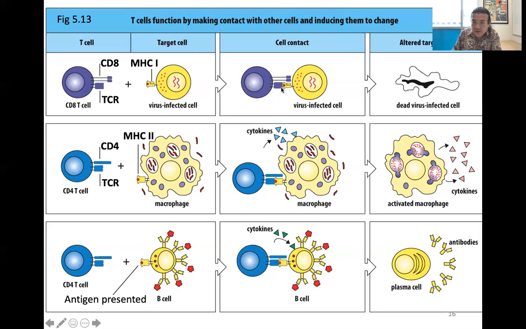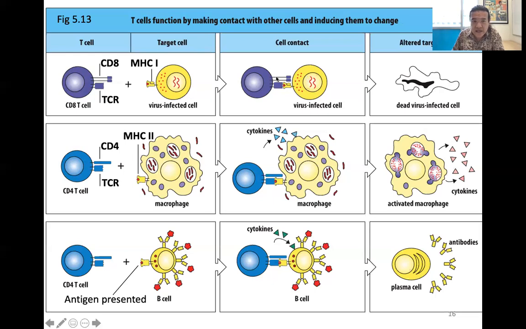Because think about this. If the red dot floated around by itself and bound to a TCR and activated it, what's this T cell going to do, if in reality it has no idea where this red dot came from? The T cell can't do its job. It can only get excited if the red dot is being presented so that the T cell knows what the target cell is that it should be doing something to.